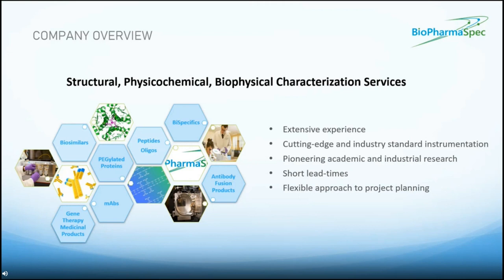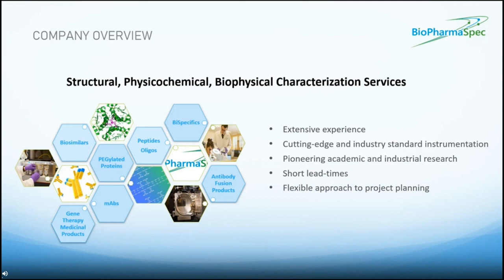There's just a little bit of info on us, BioPharmaSpec, as a company. We offer and specialize in biopharmaceutical characterization services, primarily with mass spectrometry, but also using other instrumentation. We've chosen to help fulfill the different regulatory guidelines with these different instruments, and specifically for biopharmaceutical products.